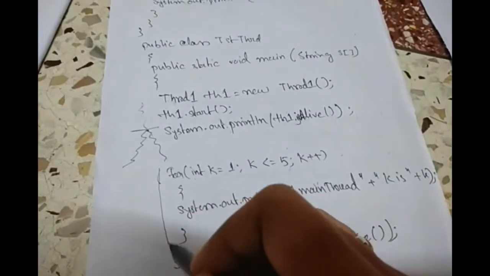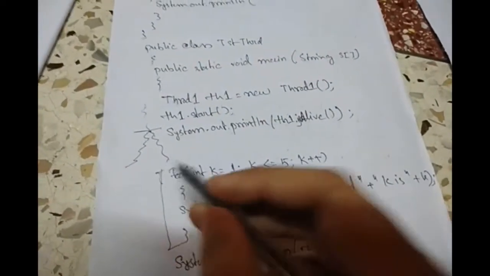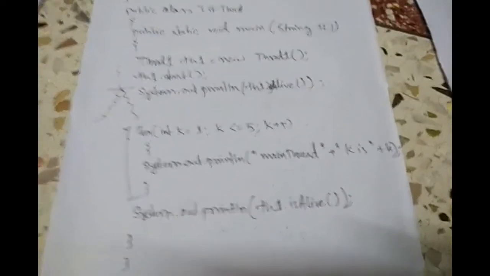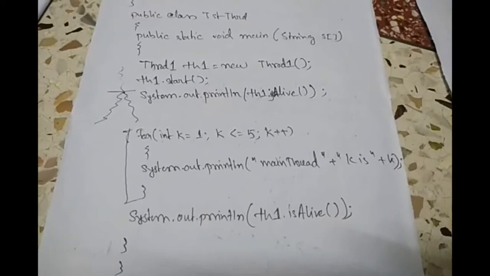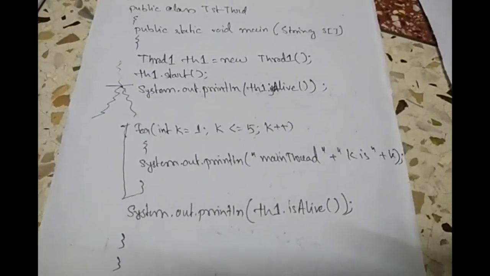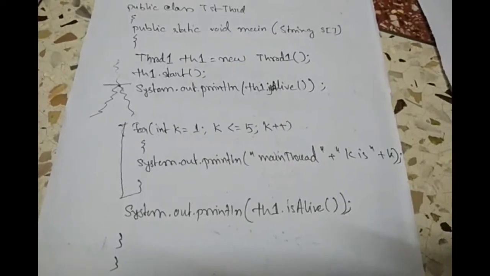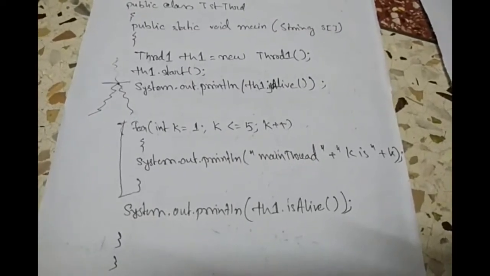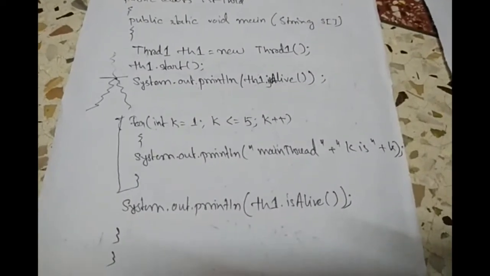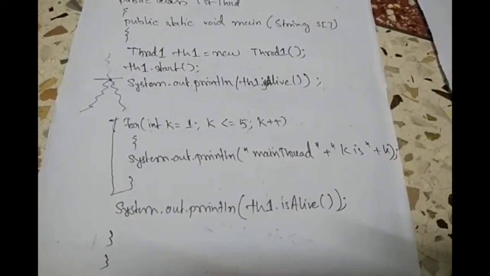This particular piece of code is executed by the main thread, and after execution of this for loop, we can check whether th1, that is thread 1, is alive or not, or what is the value of th1.isAlive.